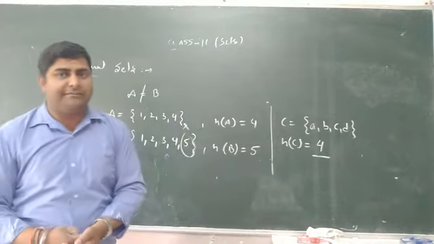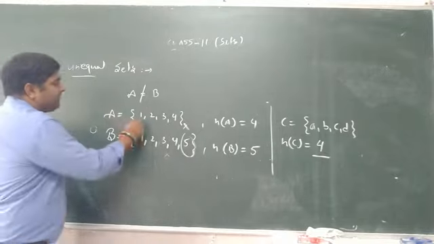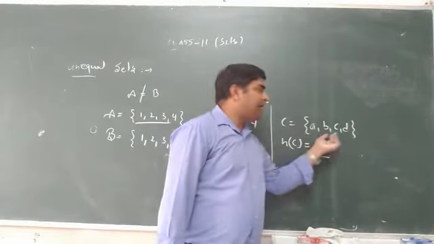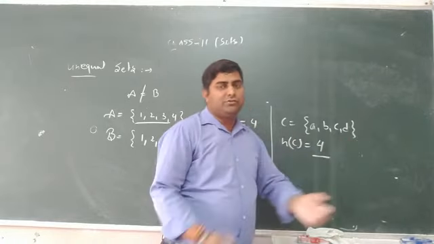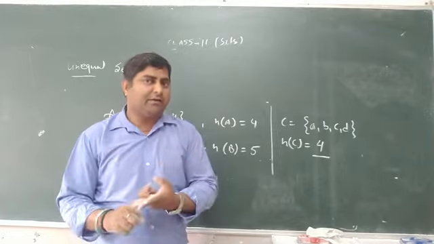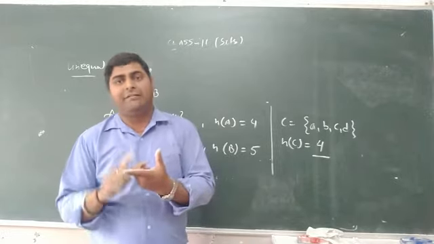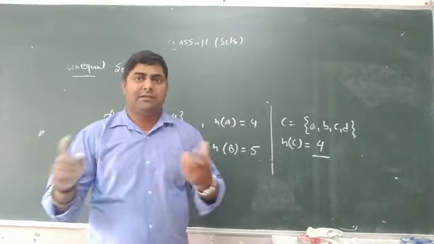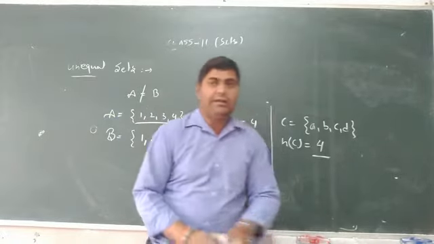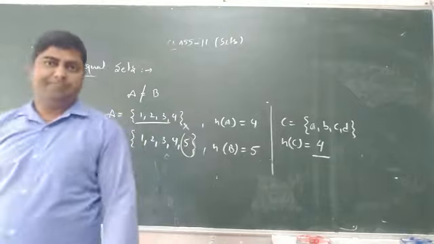Because the members are different. Here the members are 1, 2, 3, 4 and here the members are a, b, c, d. So when two sets have different cardinal numbers or different elements or members, then we call those two sets unequal sets.